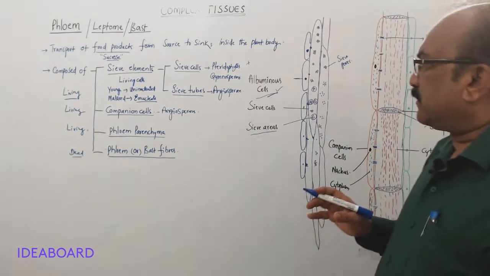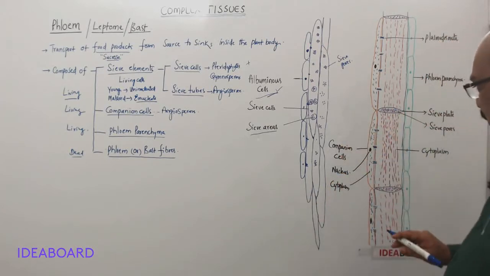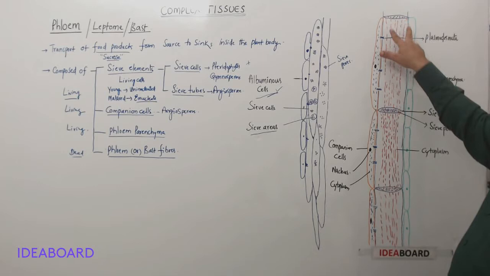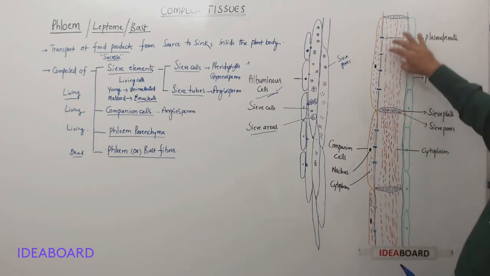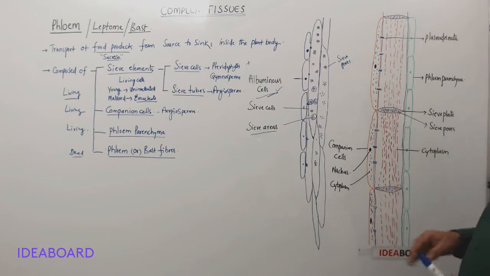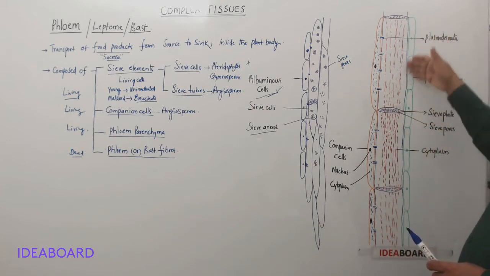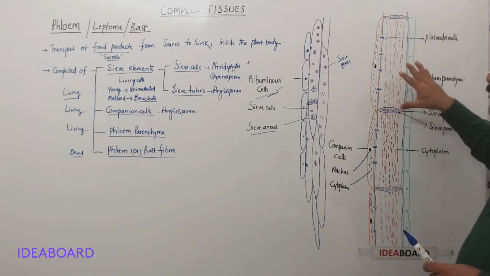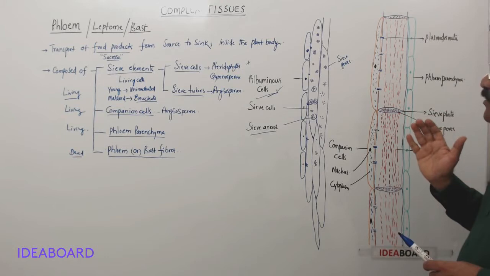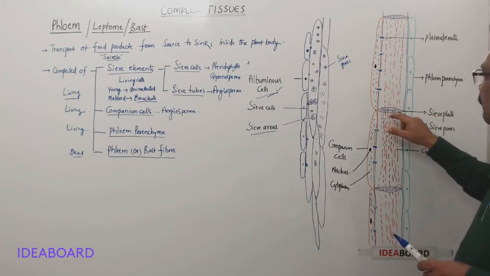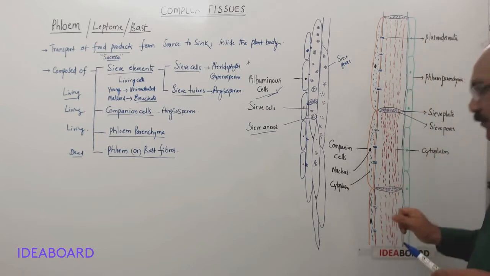Now, let us see these sieve tube cells. You can see here the sieve tube cells are elongated tubular cells. I'm not showing the lateral walls, but lateral walls are not very important. Here you will find one special feature: they are arranged one above the other in a row.